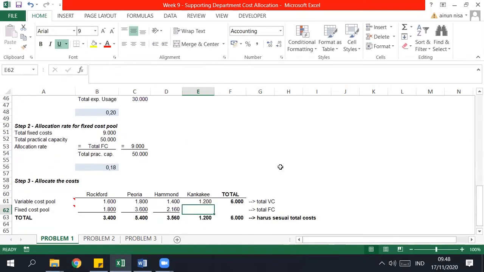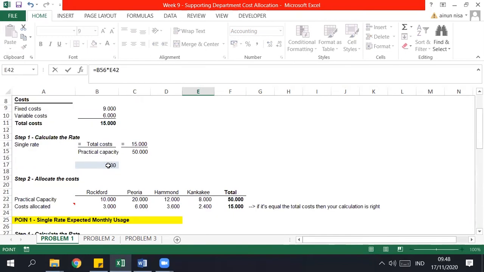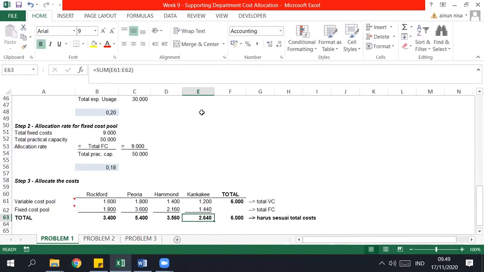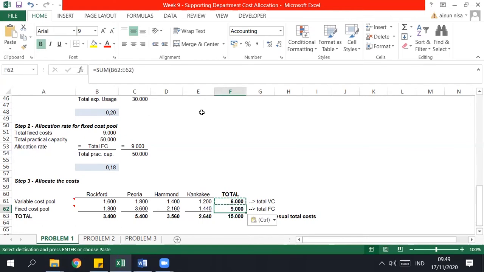And for the last department, it is 0.18 times 8,000. And the total cost allocated based on the fixed cost pool is 9,000. And to check if your calculation is right, it must equal the total fixed cost as stated in the question.